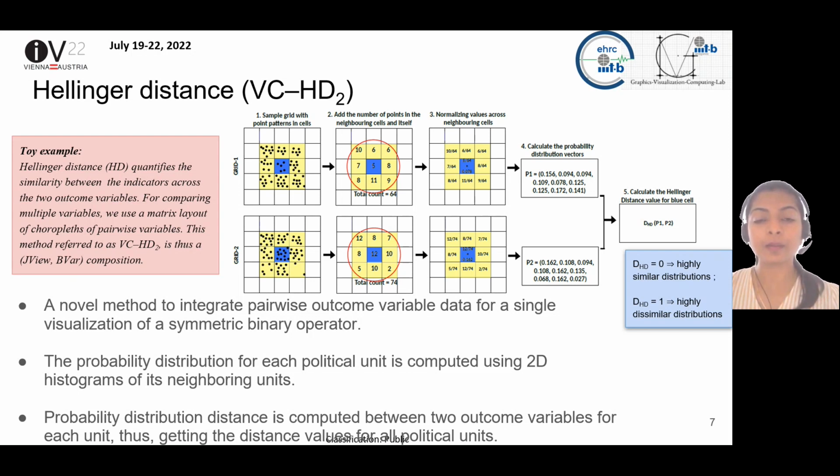Then the probability distribution distance is computed between two outcome variables for each political unit, thus getting the distance values for all political units. A toy example using gridded cells is shown in the figure. Here, we use the neighborhood matrix for each political unit to create the histogram. The Hellinger distance quantifies the similarities between the indicators across two outcome variables.